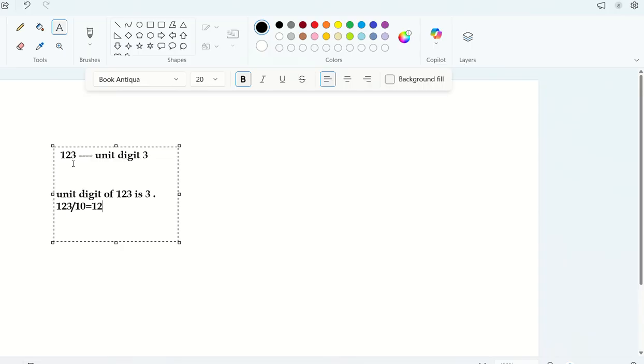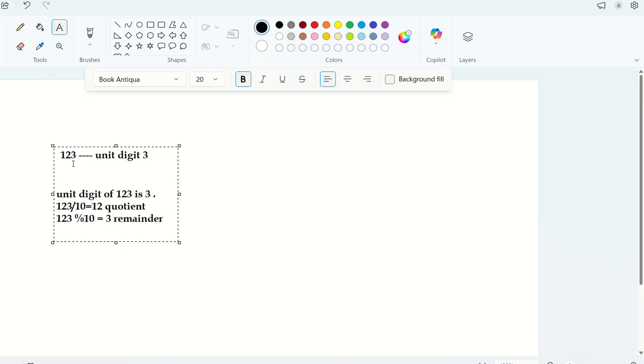So when you use divide, you get the quotient. This is the quotient. But if you do modulo 10, it will give you the remainder, and that is 3.